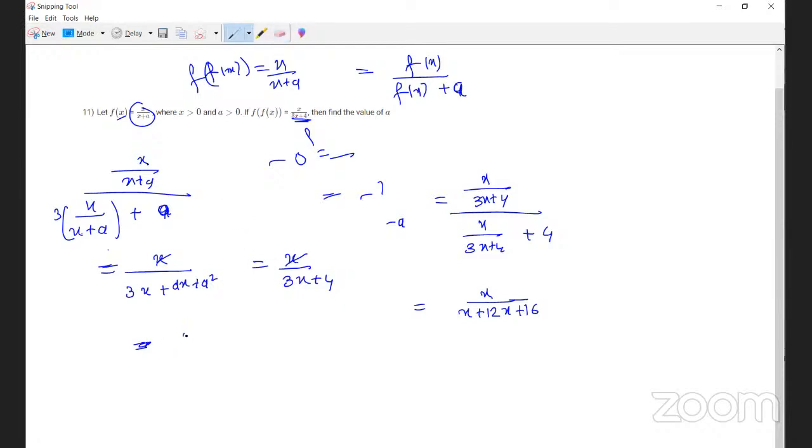So 3x plus 4 equals 3x plus ax plus a square. I can write it as 3 plus a into x plus a square. Now I can equate the coefficient of x here, having the same degree. So 3 plus a equals to what?